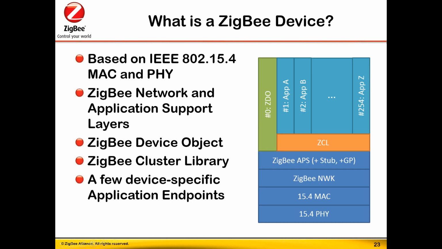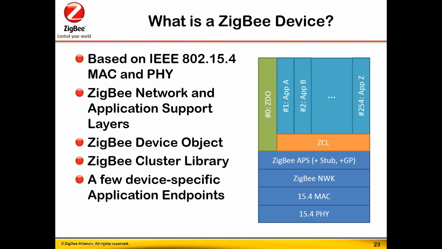When we look at these ZigBee devices, you have seen the MAC and PHY layer from 802.15.4, then above that the network layer defined by ZigBee Pro, and the application support layer. On top of that, you have the manufacturer applications, which are on endpoints 1 to 240 something.